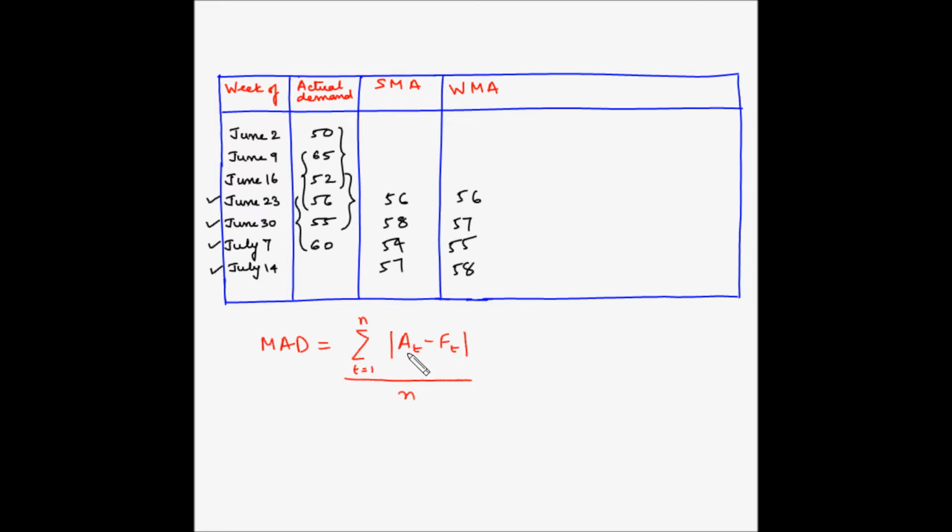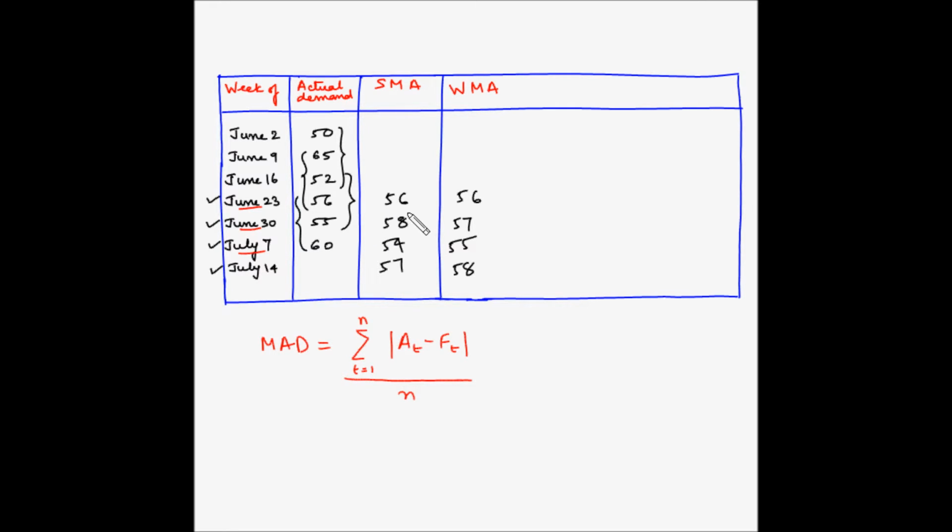So the values needed to calculate the mean absolute deviation are the actual for a period and the forecast for the same period. We have these three periods for which we have both these values: June 23rd, June 30th, and July 7th.